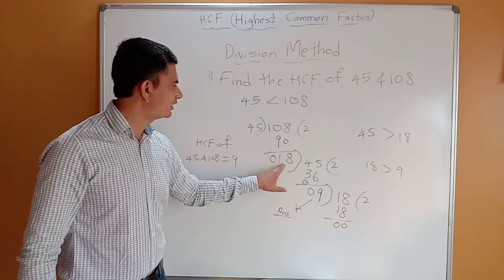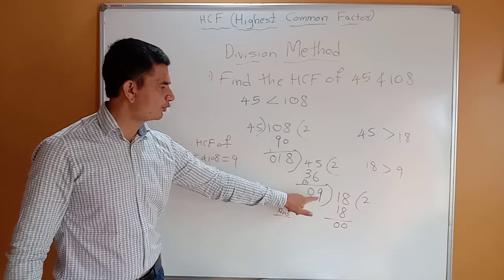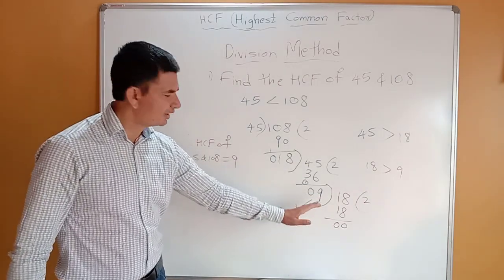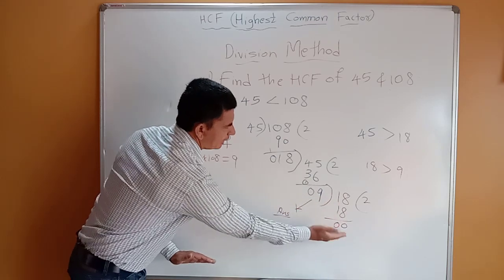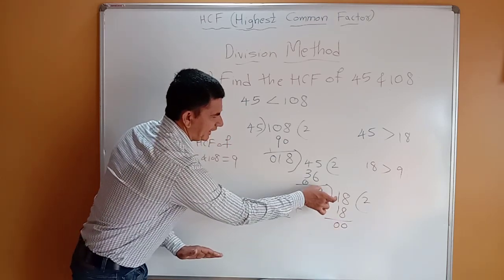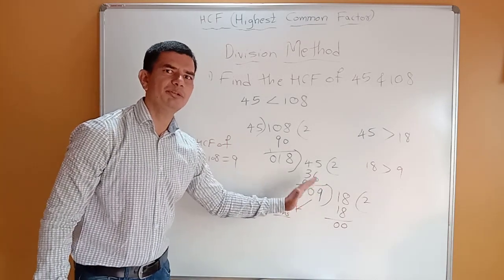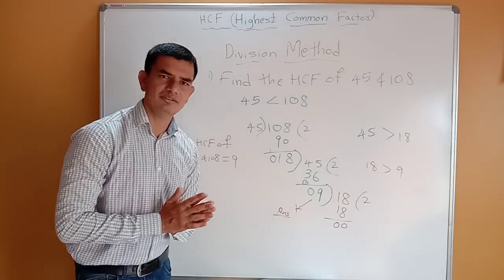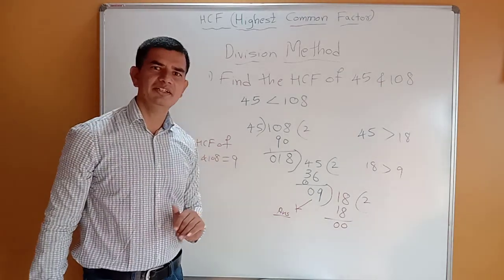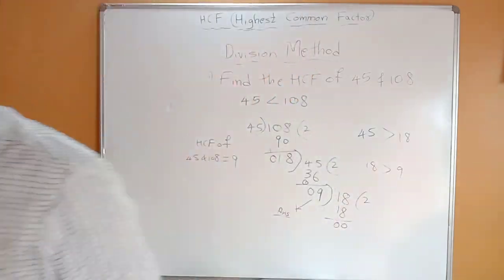Again, we compare this number and this number. Next, we divide again and get 9. Again, we compare these numbers and divide. If the remainder is 0, then the number from which we have divided is called the answer. So the answer is 9. This is how to find the HCF by the division method.